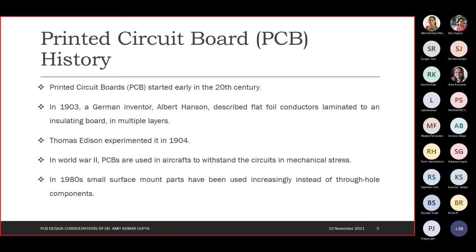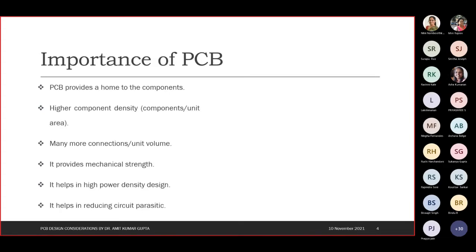Since we are talking about PCB, we'll talk a bit about devices. Surface mount is a kind of device, and we'll talk about it in a bit more detail in the following slides. So what is the importance of PCB? I know many of my colleagues might already be aware of PCBs and must have done several projects.